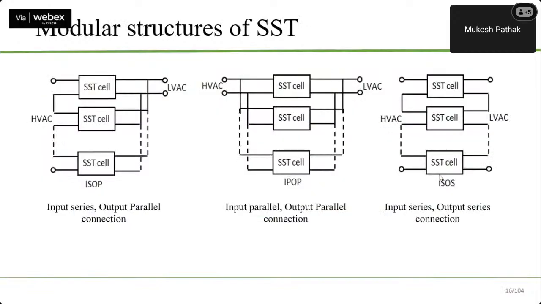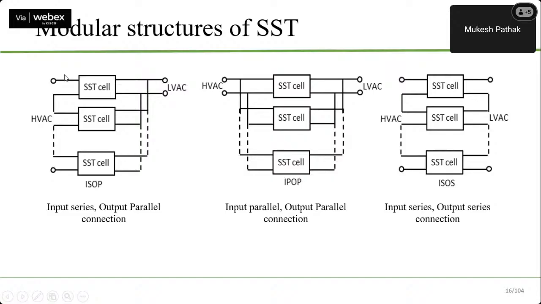Another beauty or another feature of SST is its capability of modular structure. You can create SST cells comprising converters and a high frequency transformer, and these cells could be of smaller voltage or smaller current rating, and then use these cells in a modular fashion to create the desired output voltage and output current levels.